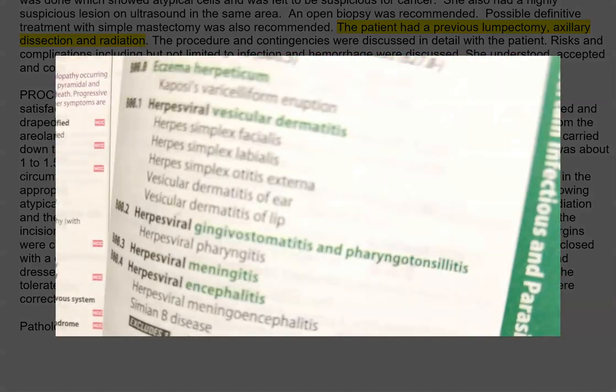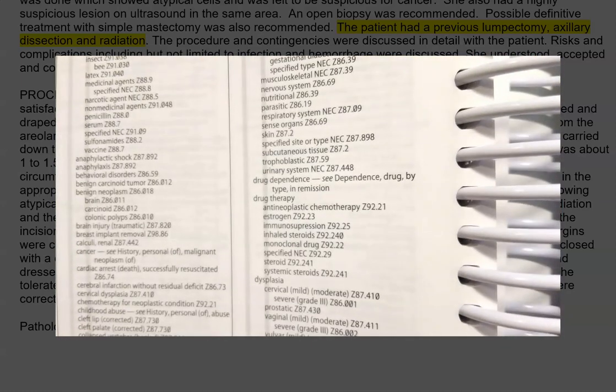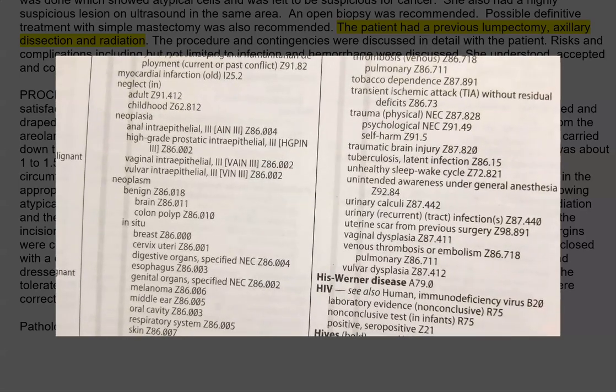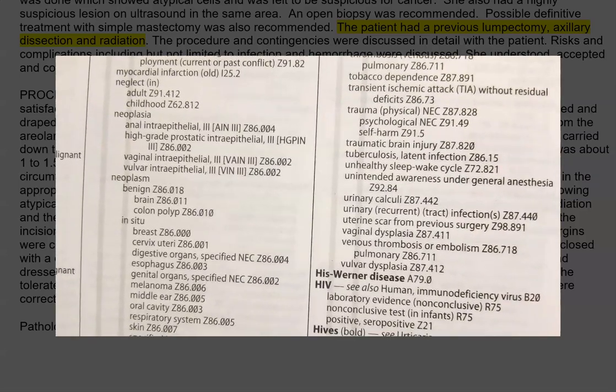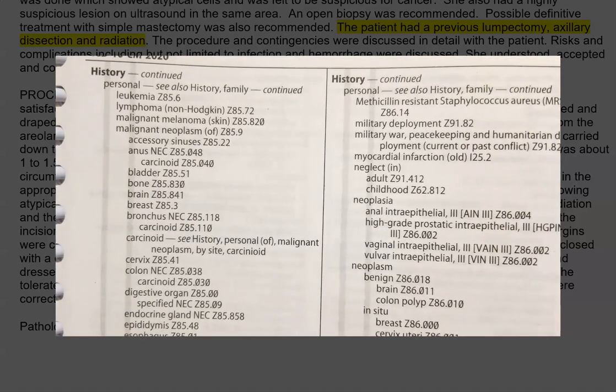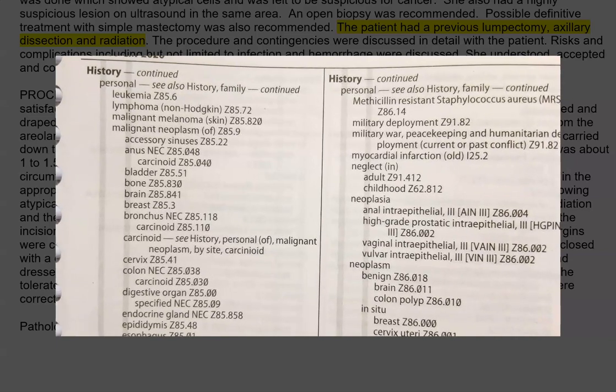So my patient actually has a personal history of breast cancer. So in the alphabetical index, I'm going to go to history and then personal, because there's a history and then family. And I'm going to go to personal, and then under personal, malignant neoplasm.